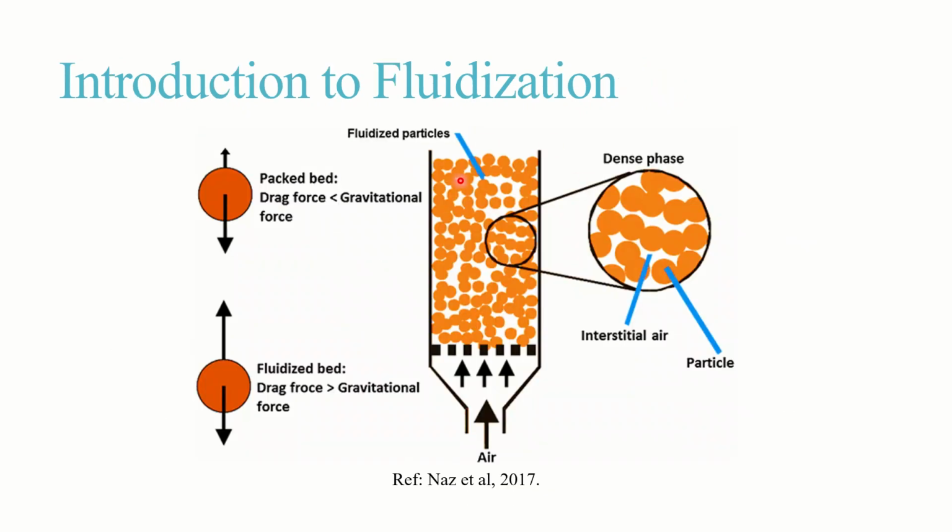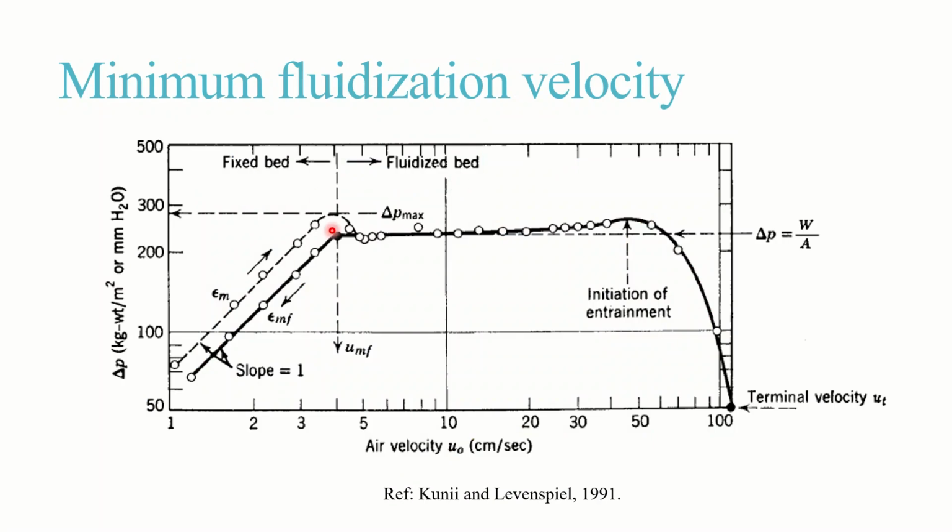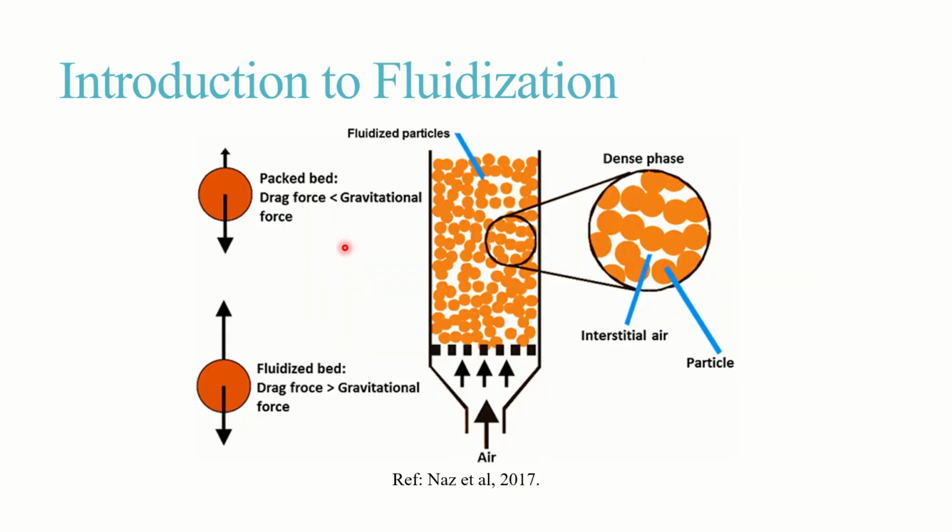Once the minimum fluidization condition is met, the weight of the fluid and the particle would be equal to the drag force. So at this point it is known as minimum fluidization. The velocity at this point is known as minimum fluidization velocity, after which the solids inside the packed bed start to move.